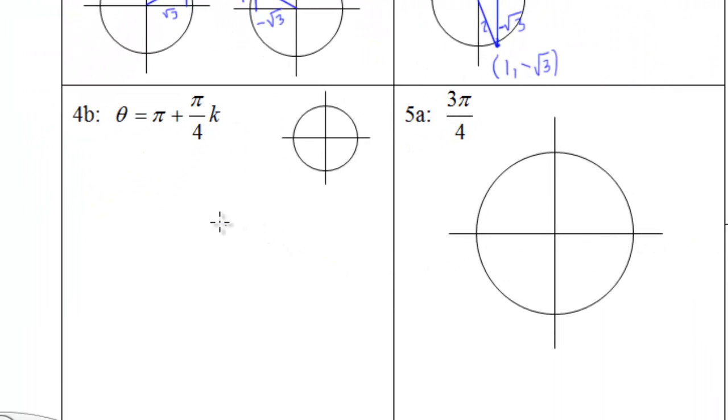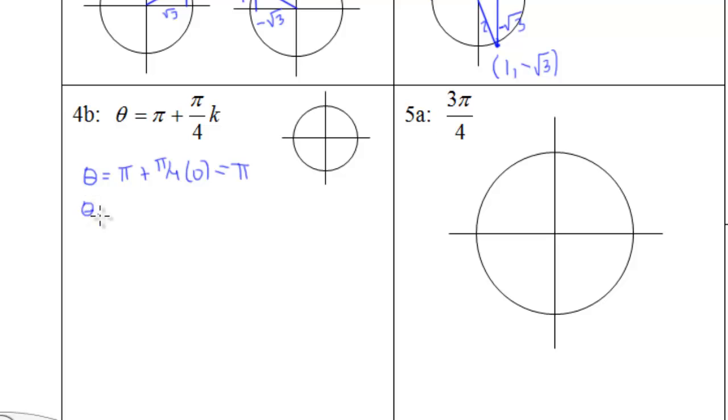Alright, so 4b has pi plus pi over 4k, and it's just asking you to find the sequence setting k equal to 0, and then k equal to 1, and 2, and 3. So if I do pi plus pi over 4 0 times, well, that just equals pi.